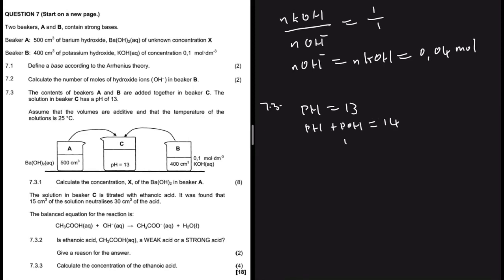So pOH equals 14 minus 13, so pOH is equal to 1. Okay, let's move forward. It goes on to say assume that the volumes are additive and that the temperature of the solution is 25 degrees Celsius.